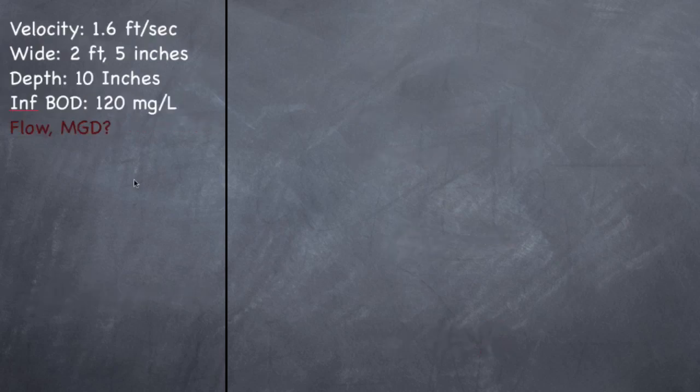All right, flow. This is kind of one of the trickier problems because it involves conversions from what they give you into something that's kind of completely out there. Because they do give you the formula for flow on the exam.